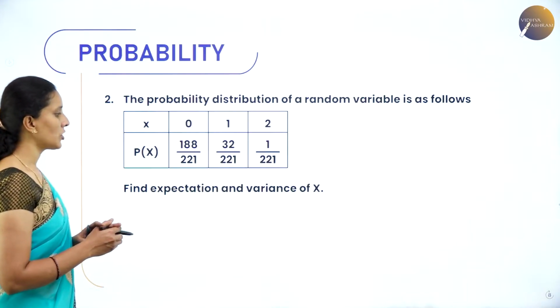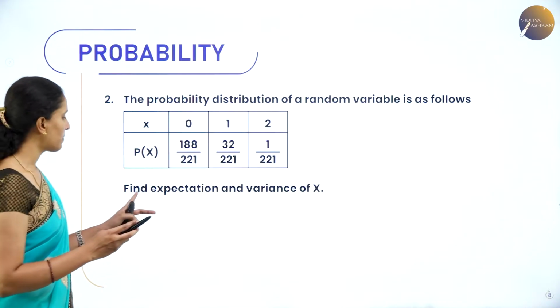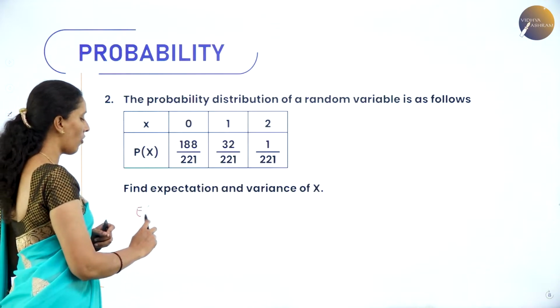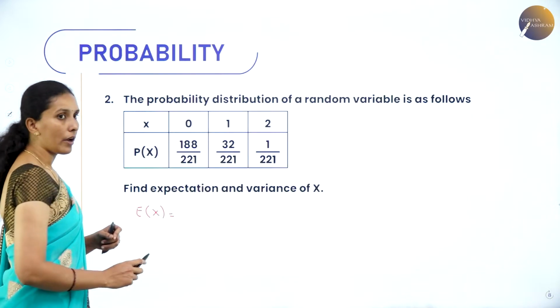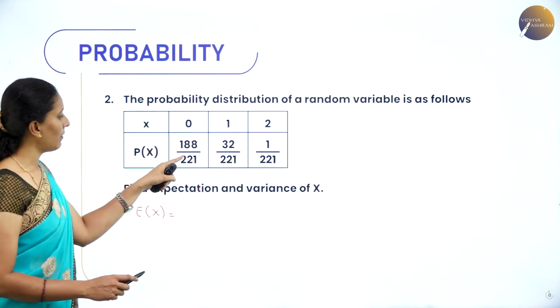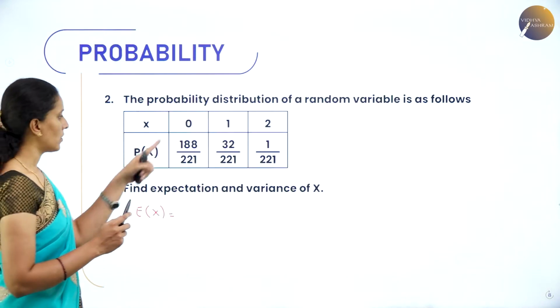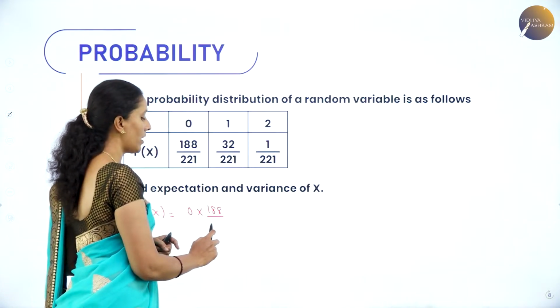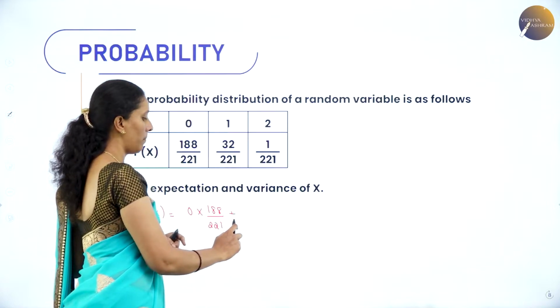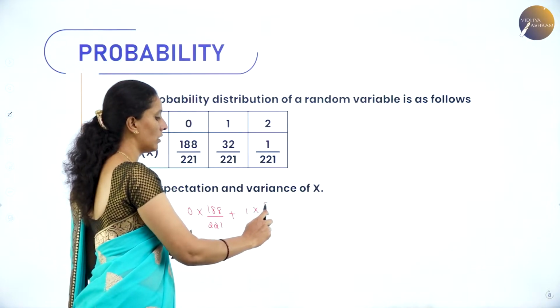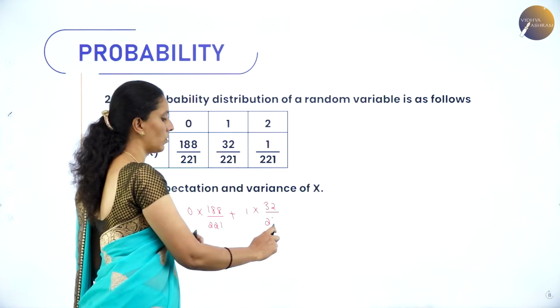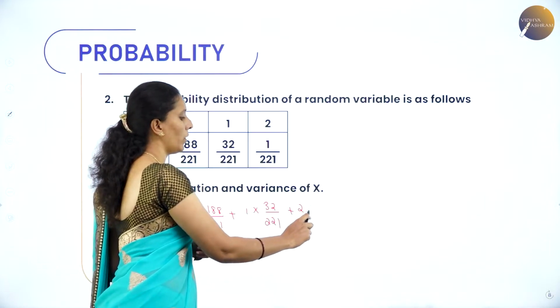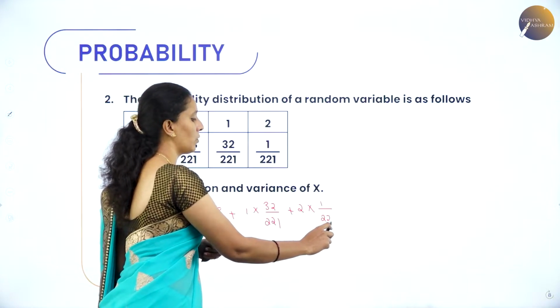Find expectation and variance of X. So, expectation is nothing but E of X and it is the product of the random variable with respect to its probability. So, first one is 0 into 188 divided by 221 plus 1 into 32 divided by 221 plus 2 into 1 divided by 221.